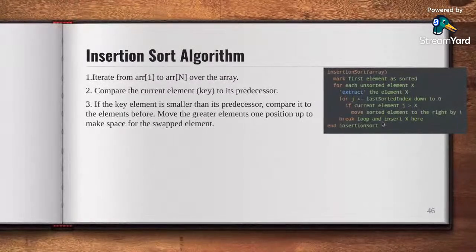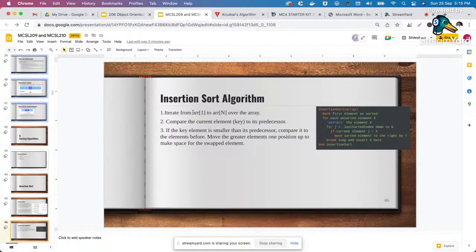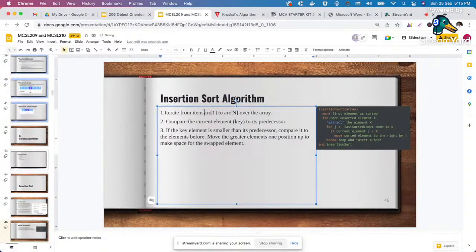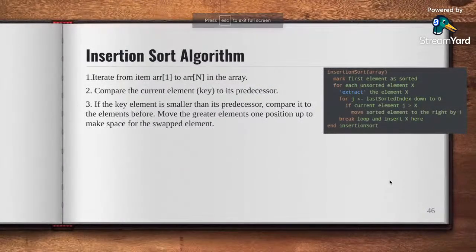Iterate from array index 1 to n over the array. Compare the current element to the predecessor.